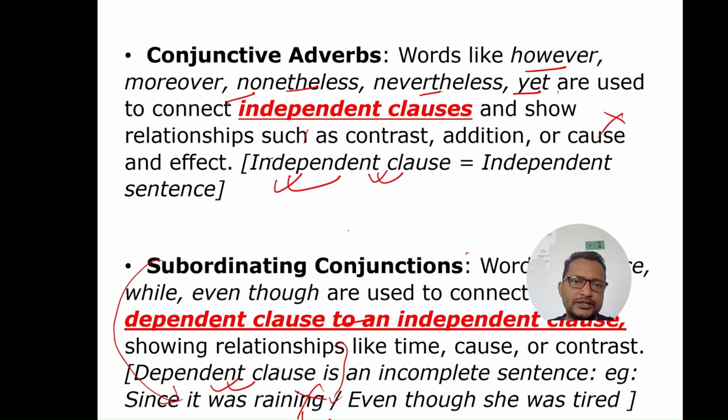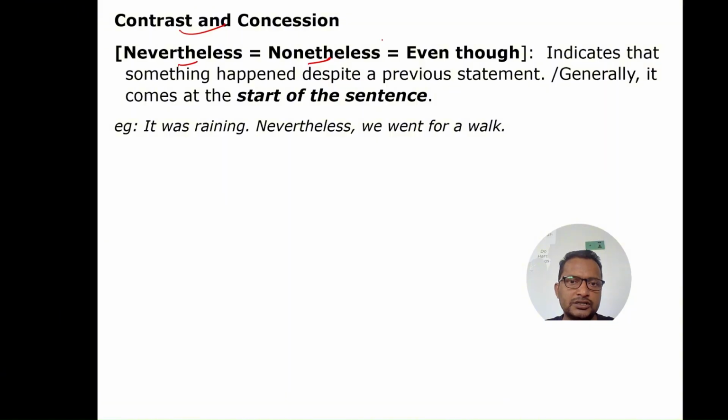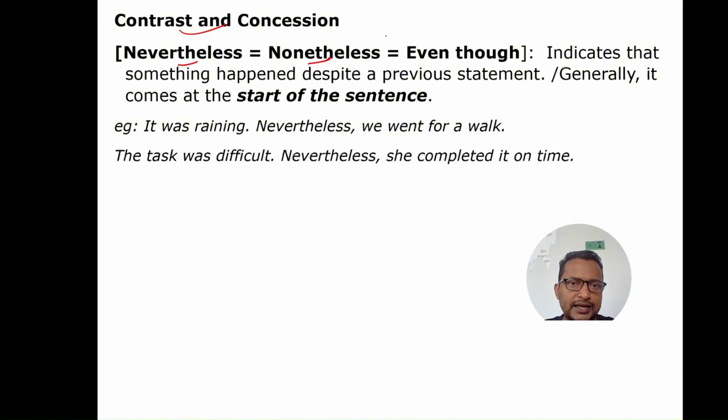Okay, now let's see the implications. If you are showing contrast or concession, you use words like nevertheless, nonetheless, even though, however, right? Nevertheless, nonetheless and even though are basically exactly the same thing.